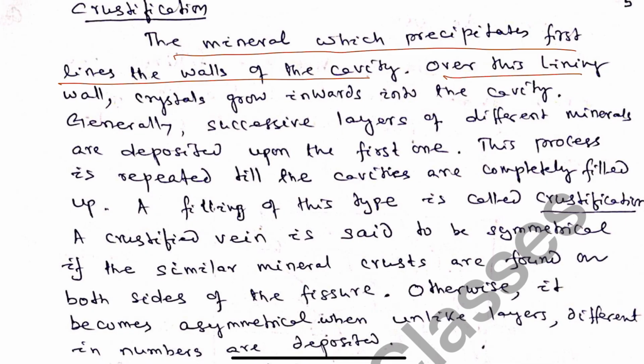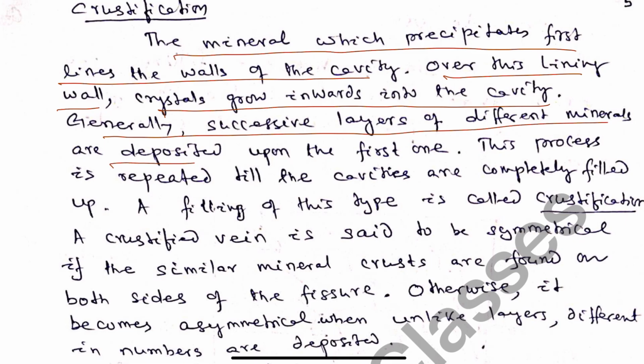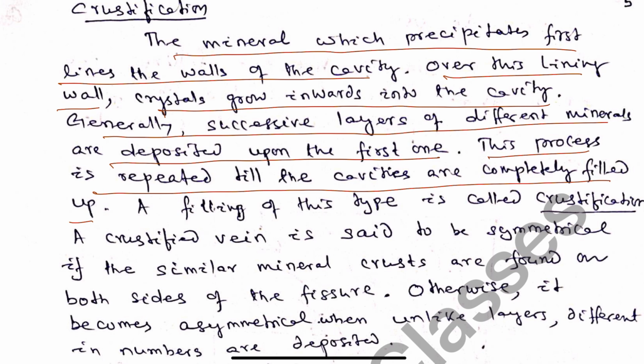Over this lining on the wall, the crystals grow inwards into the cavity. Generally, successive layers of different minerals are deposited upon the first one. This process is repeated till the cavities are completely filled up. A filling of this type is called crustification.